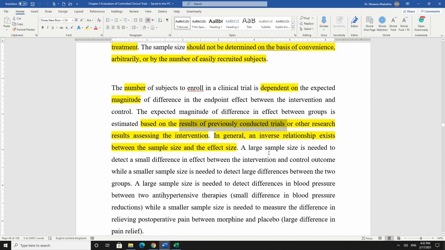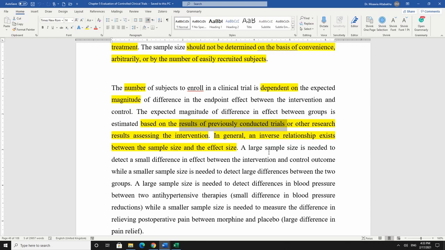If you want to see what the significant difference is that you expect to be good and acceptable to market my medication, you can go to previous research trials and studies to find out what is really significant to use.